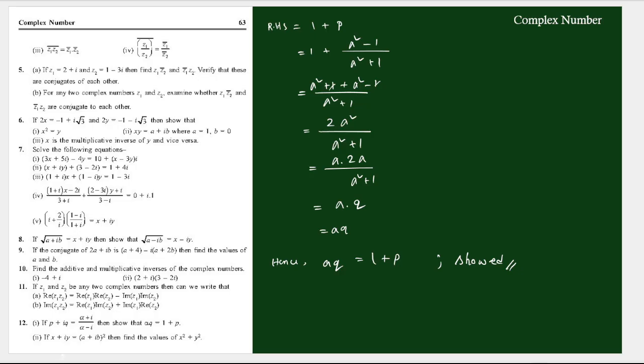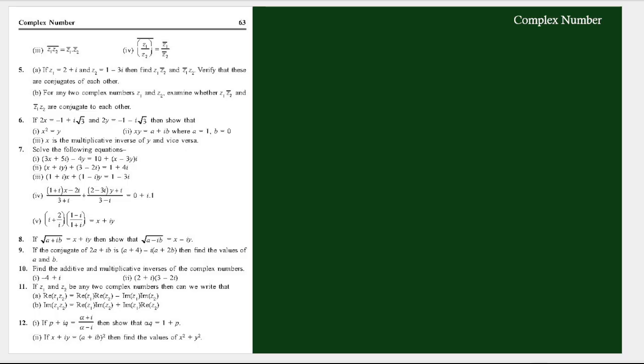Okay. What is number 2? If x plus iy is equal to a plus ib whole square, then find the value of x square plus y square.